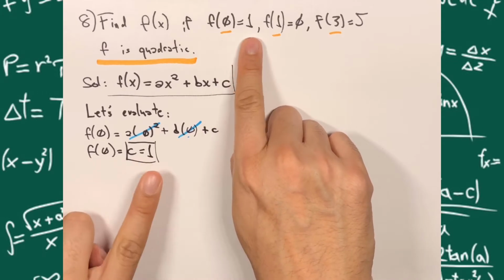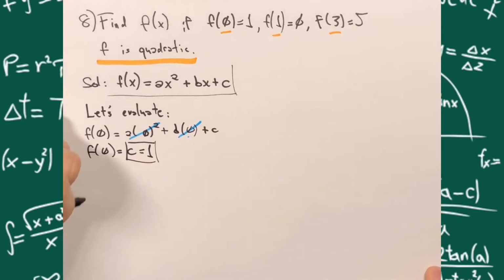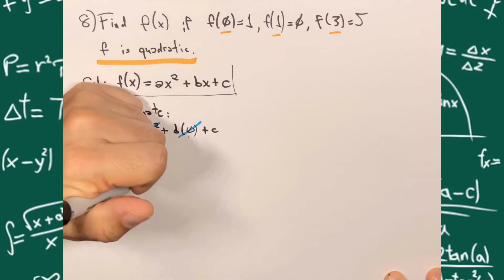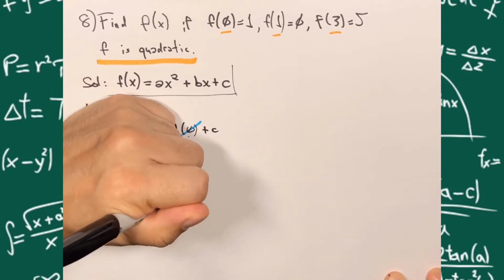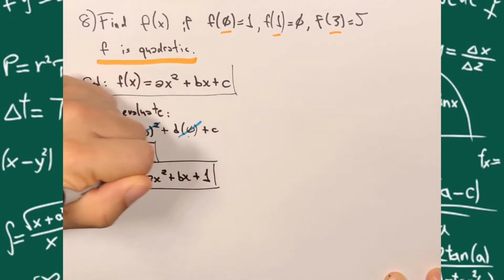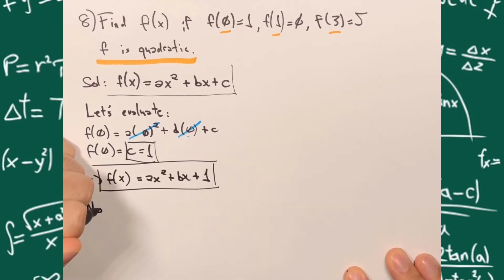It's the same actual thing: f of 0 equals 1, and it also equals c. Therefore, c equals 1. Next we rewrite the quadratic function from our general representation. In this case, f of x equals ax squared plus bx plus 1. All we did was replace c with the solution c equals 1.